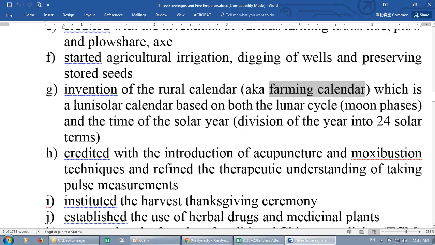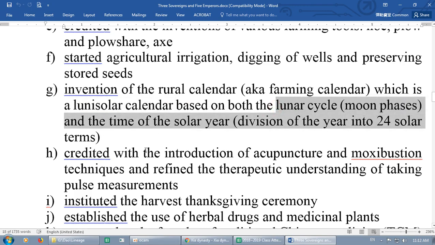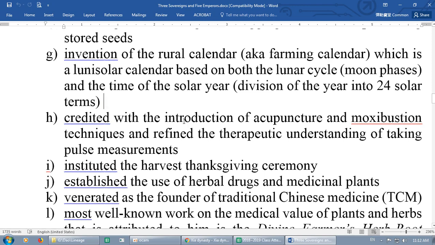It's a luni-solar calendar because it's based on both the lunar cycle or the moon phases, and also the time of the solar year, like, for example, the winter solstice, the spring equinox, the summer. There are 24 solar terms. So supposedly he's credited with the invention, at the beginning of that.